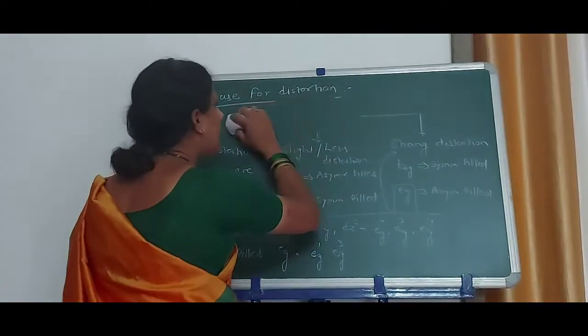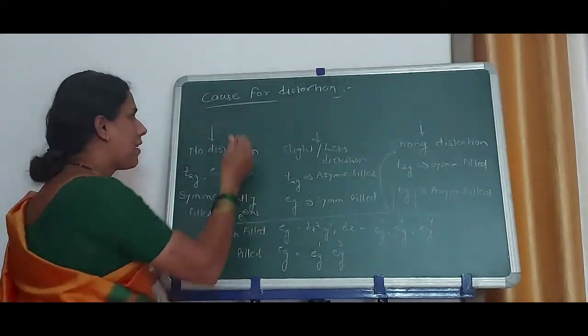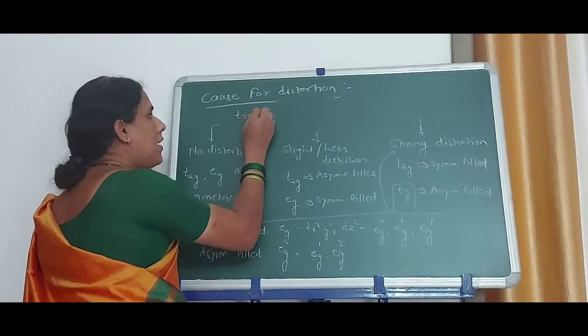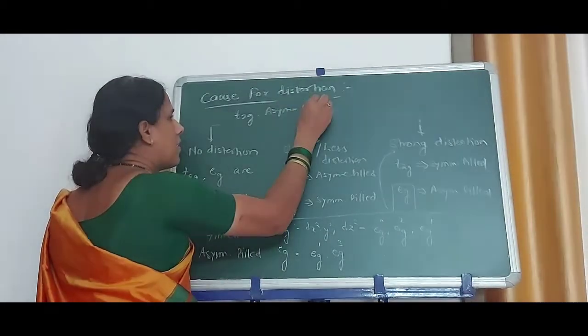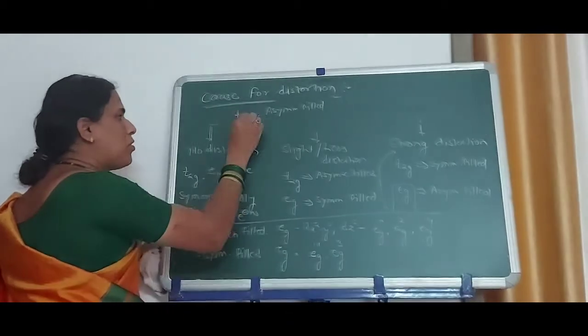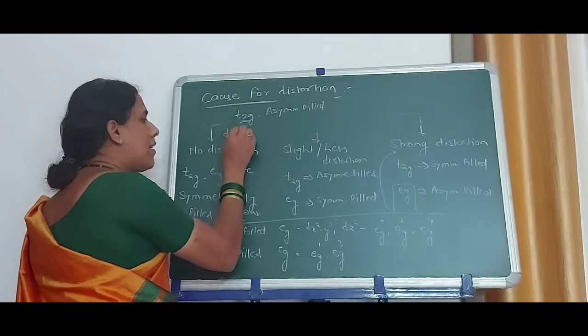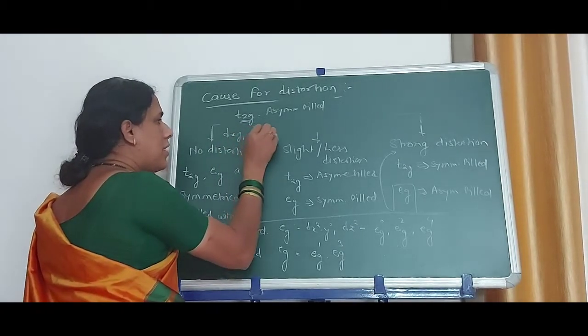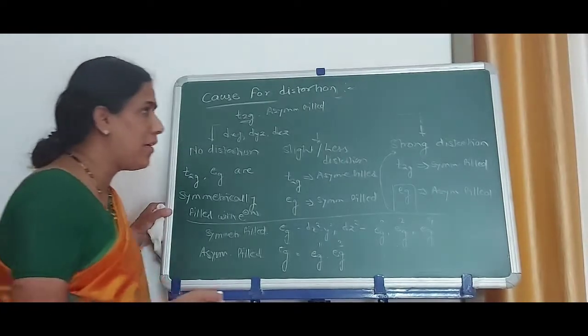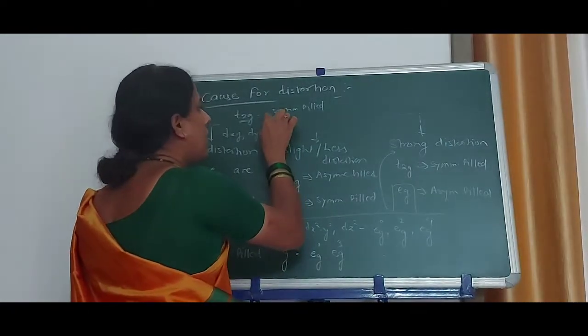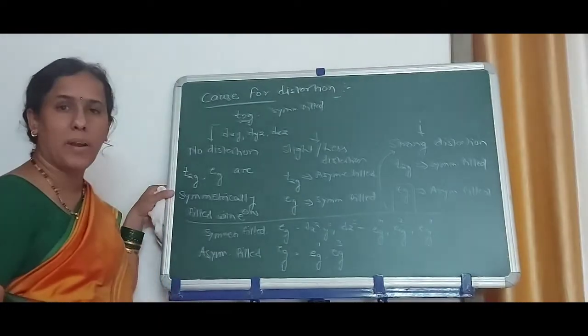See here, for T2g asymmetrically filled. How many T2g orbitals are there? 3: dxy, dyz and dxz. Before asymmetrically filled, we can see the symmetrical filling.